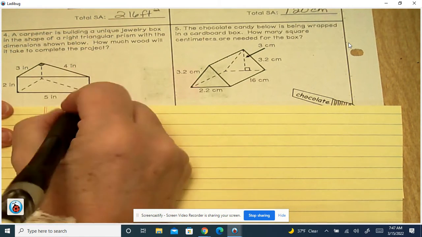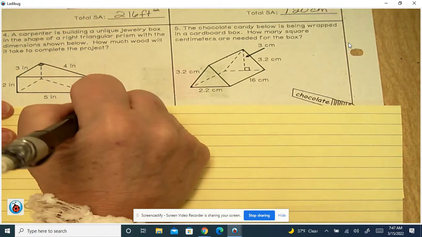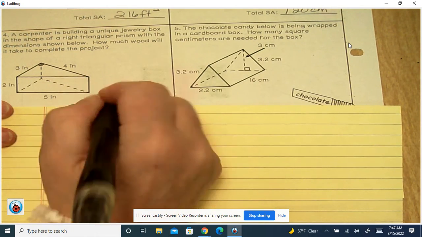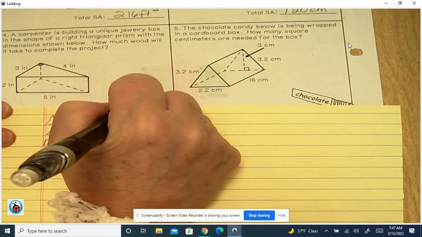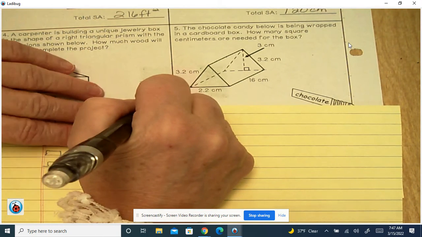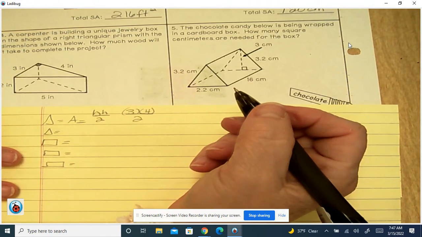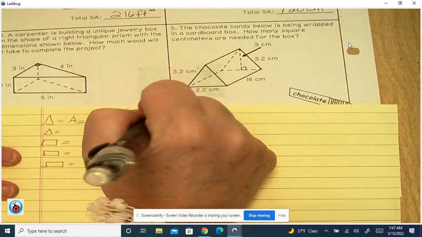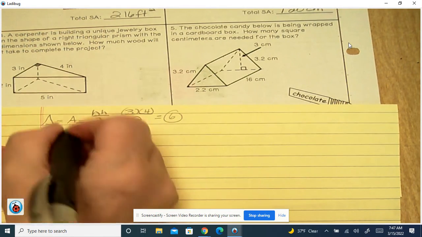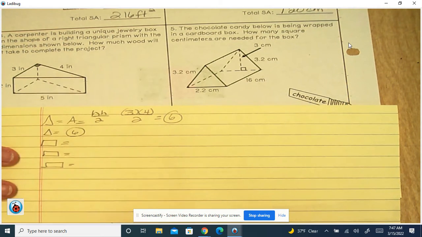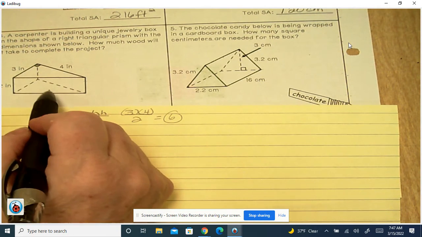So for the area equals the base times height divided by 2, we've got a base of 3, a height of 4 divided by 2. 4 times 3 is 12, divided by 2 is 6. So that one's 6, makes that one 6. All right, so we've done the top and the bottom.